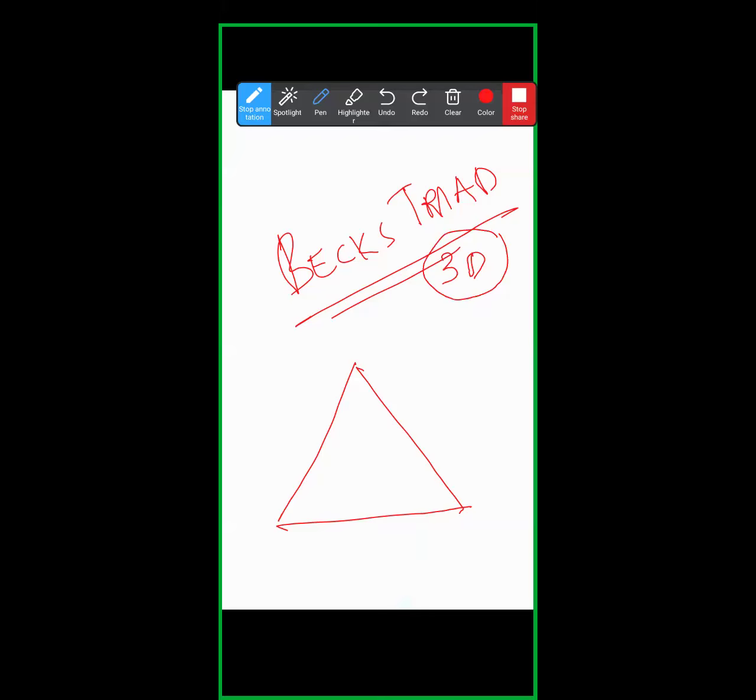Okay. First D is decreased BP. Second D for diminished or muffled heart sound.